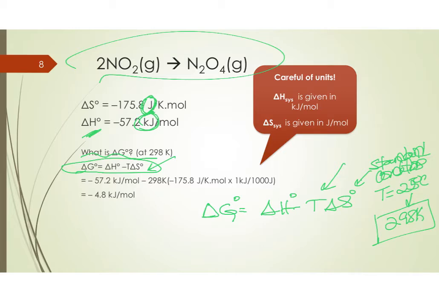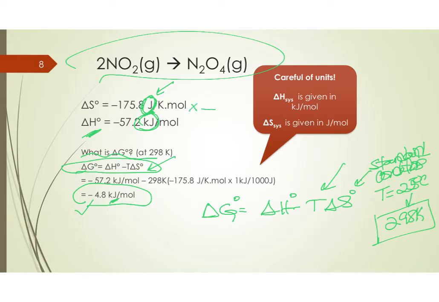So go ahead and go through the process and make sure that you can get the correct value, which is minus 4.8. To remind you of the conversion factor from joules to kilojoules, if the problem asks you to give your answer in kilojoules, you're going to want to convert the joules for entropy into kilojoules.